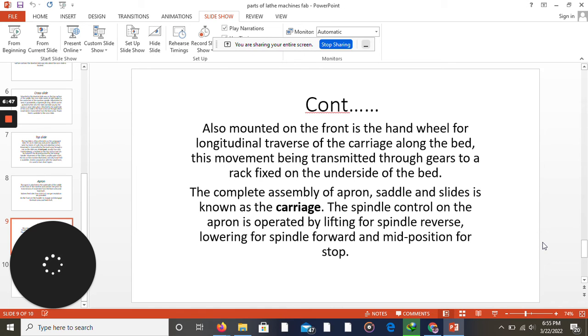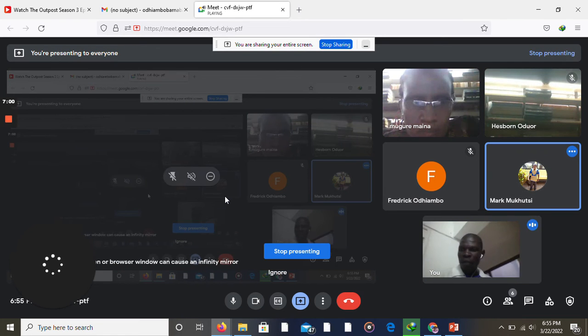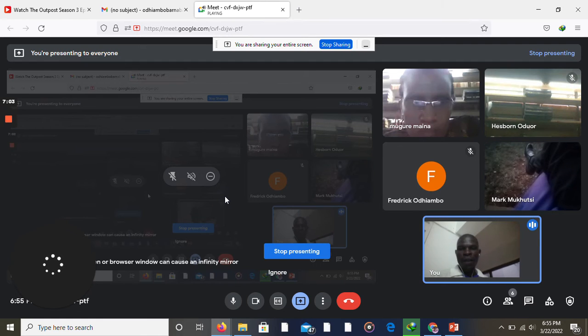So if you ever heard of the carriage, the carriage is generally the saddle and the apron and their slides. So that is what the carriage is made up of. Actually, carriage is the overall name for them. You have the saddle, the slides, and the apron. When you have those together, we call them the carriage.